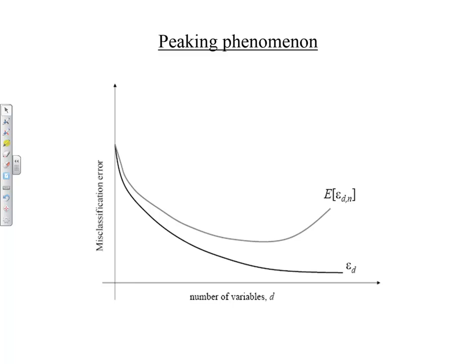Sir, as the number of samples is increased, the expected error may approach the Bayes error, right? As the number of what? This is not the number of samples, this is the number of variables, the features. As the number of samples is increased, the expected error may approach the Bayes error, right?